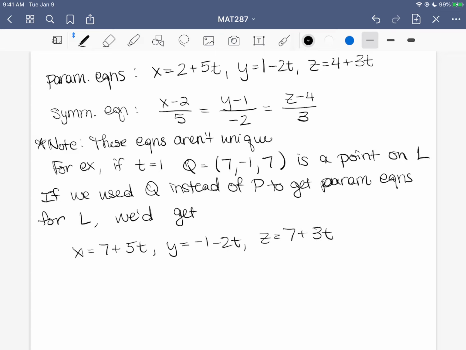Is also a set of parametric equations that traces out this line.